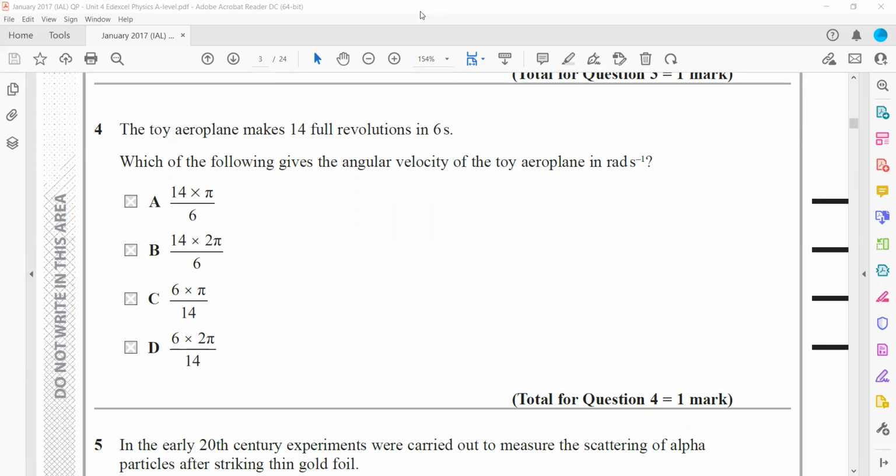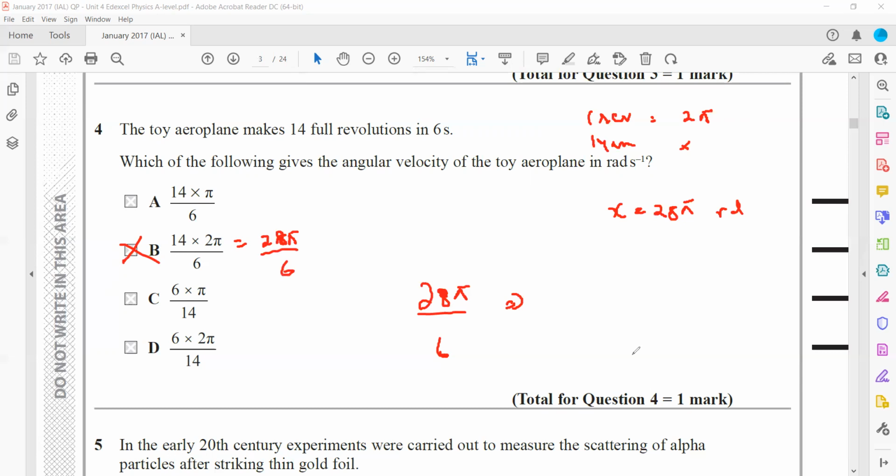First we have to convert the revolutions into radians. 1 revolution is equal to 2 pi radians. So 14 revolutions will be x radians, cross multiply, so 28 pi radians. Then in 6 seconds, so it will be 28 pi divided by 6. 14 multiplied by 2 is 28, pi divided by 6. So B is the right answer.